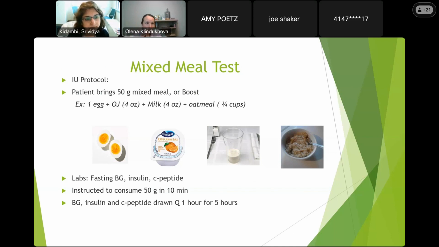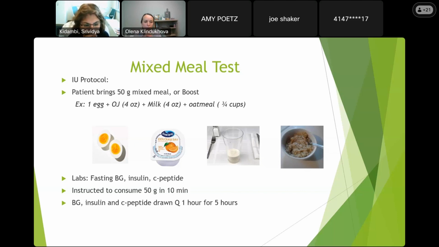At IU, this is typical, one of the sample meals that I just showed. Patients bring with them to the clinic their 50-gram carb meal, or they can bring the Boost. And this is an example when they bring 1 egg, orange juice, milk, and oatmeal.